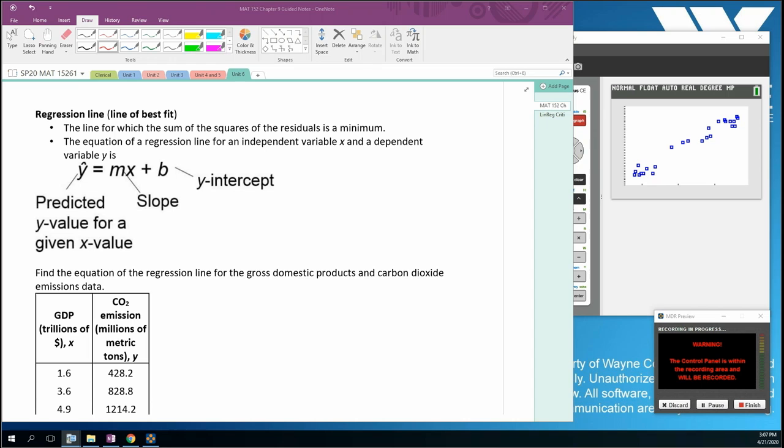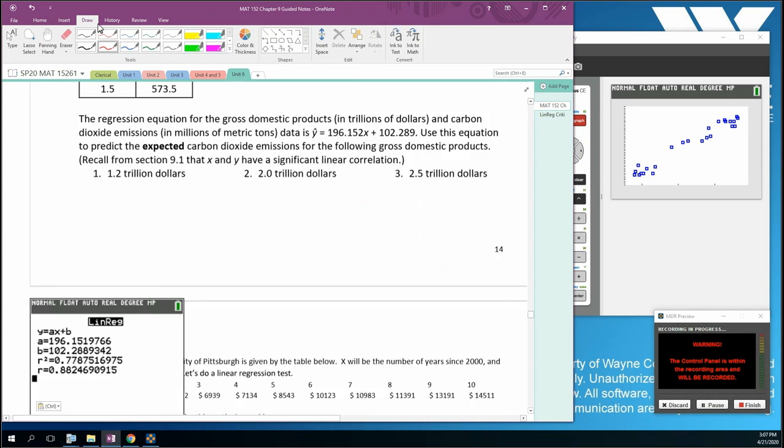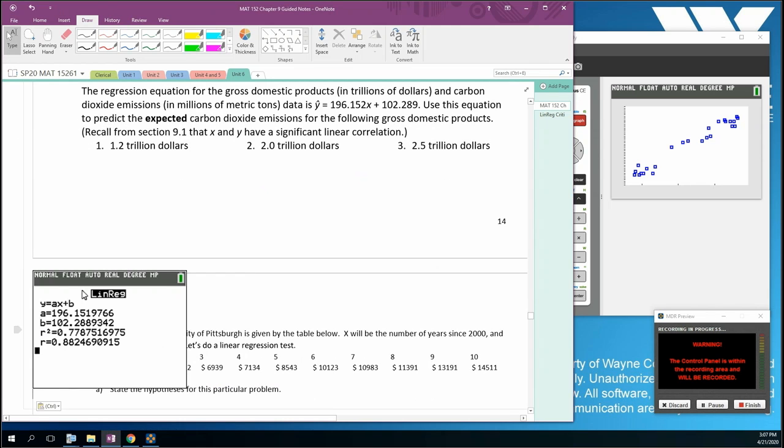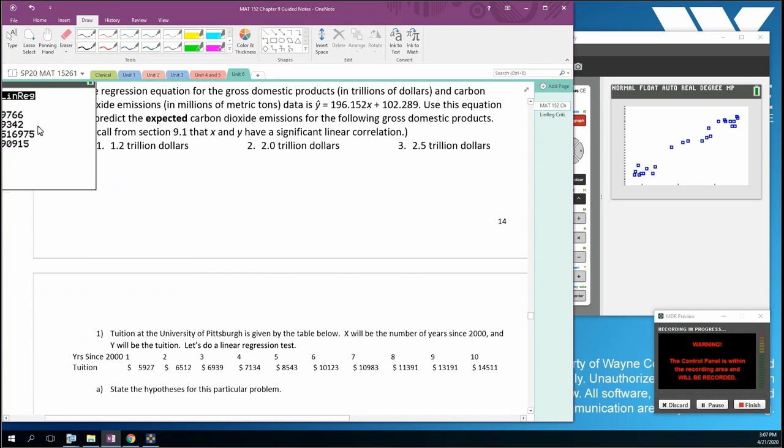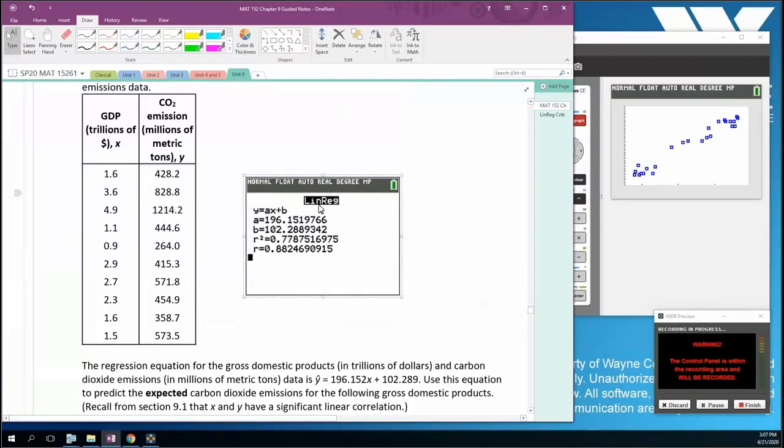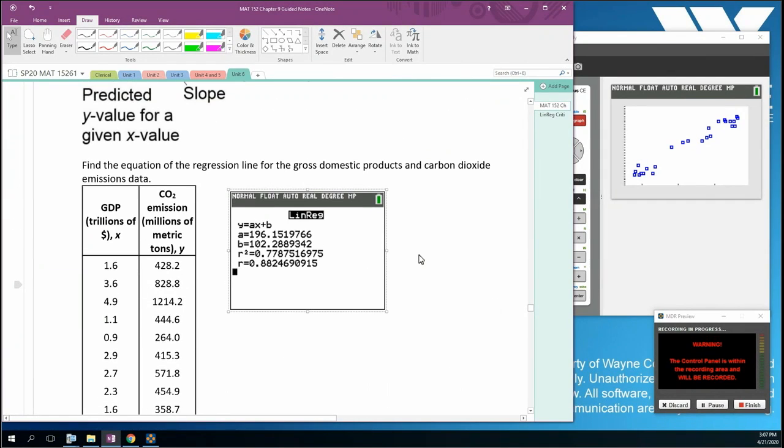Instead of m, your calculator gives it to you as a and b. So basically, the equation for the regression line is y hat equals 196.15x plus 102.29.